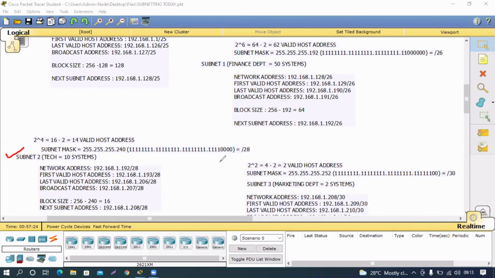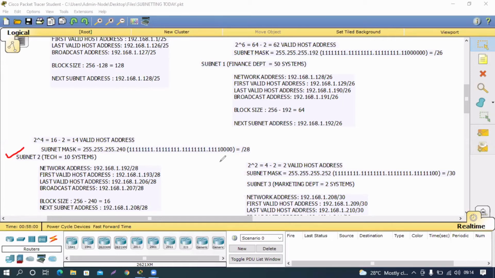To find the next block size, which gives our next subnet address, we sum all the network bit values taken from the fourth octet, so the total is 240. As the total octet value is 256, we subtract 240 from 256 and get 16.